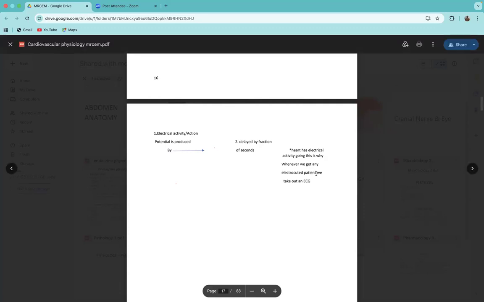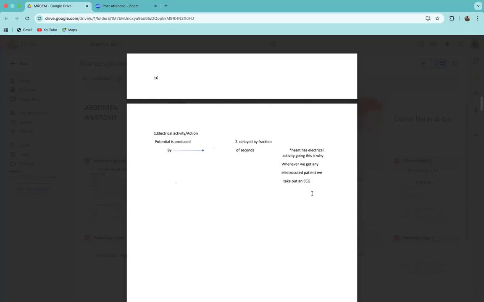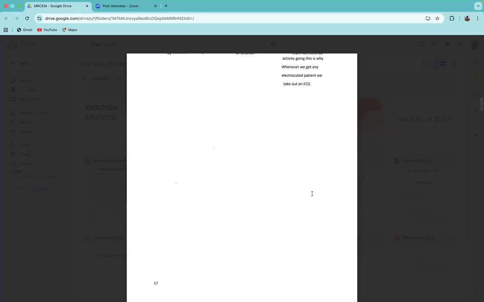That is why we have to go through an ECG when we are assessing a patient who has been electrocuted through various processes.